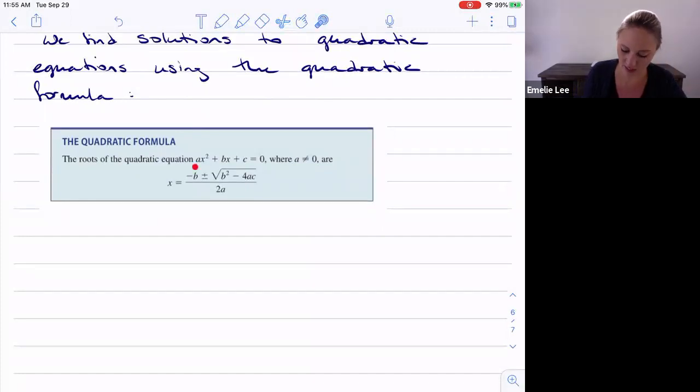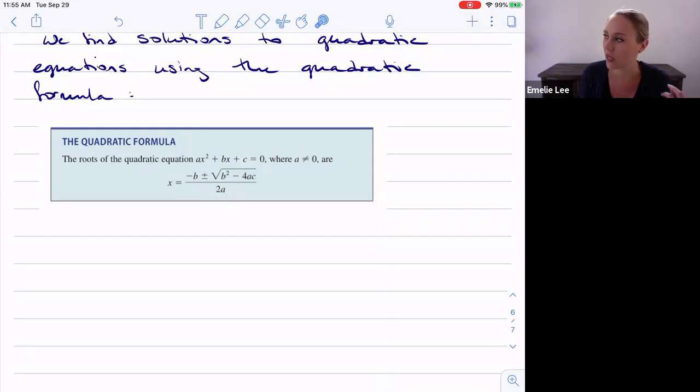So it says if you have something like ax squared plus bx plus c equals 0, as long as a is not 0, then we're going to get two solutions potentially, where x is going to be negative b, where the b is from here, plus minus the square root of b squared minus 4 times a, whatever a is, times c, whatever c is, over 2a.